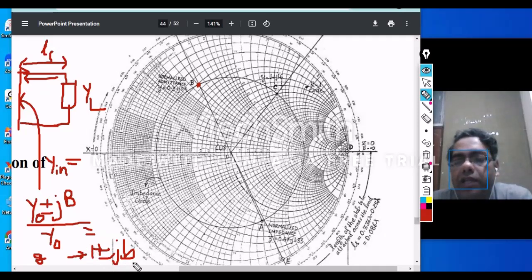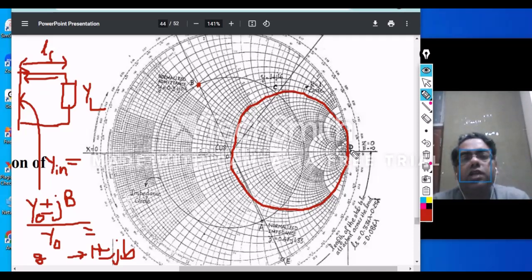So G should be 1. So the G equal to 1 circle is this, which is passing through the center. This circle that you can see is the G equal to 1 circle.